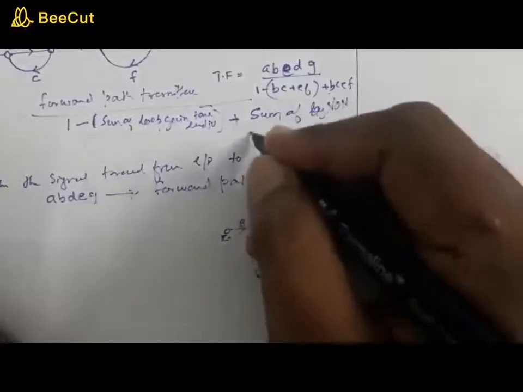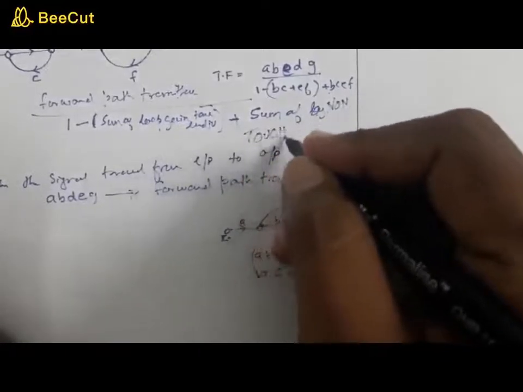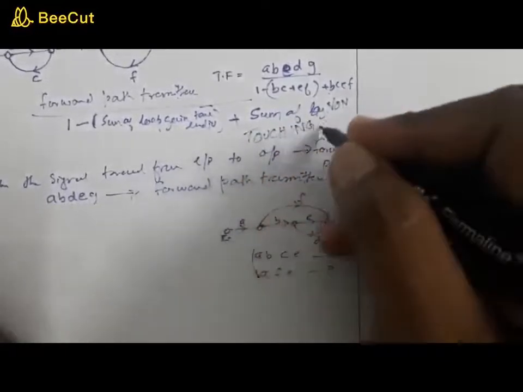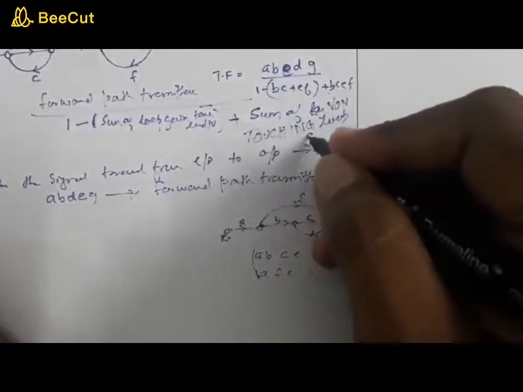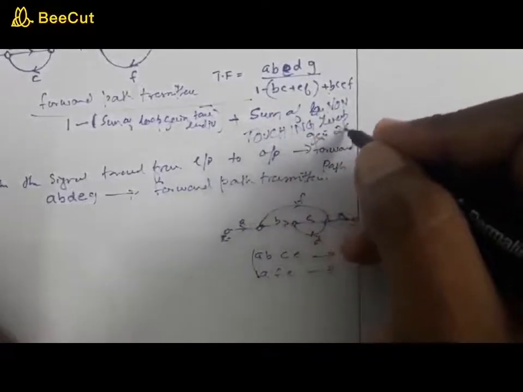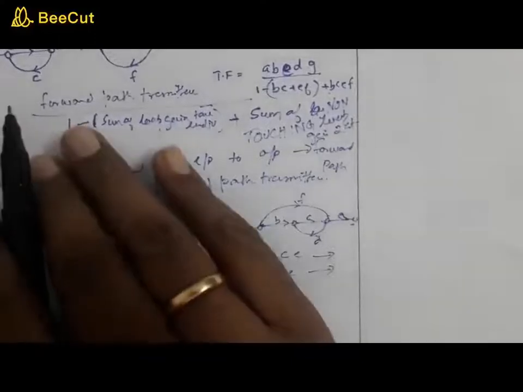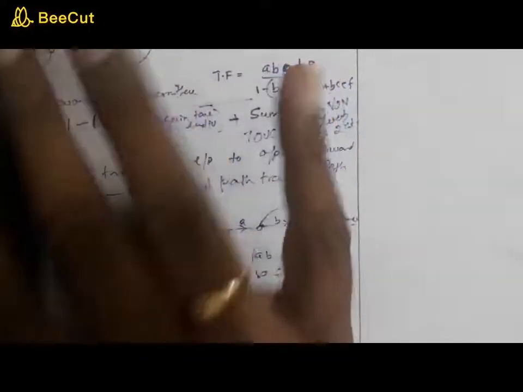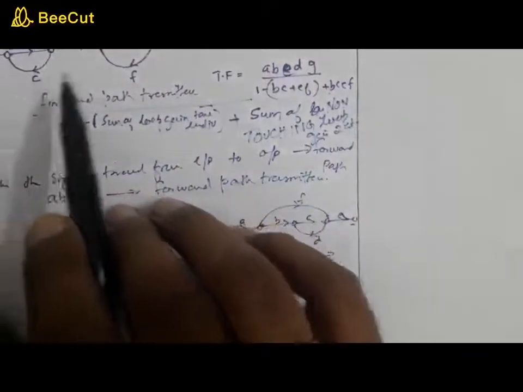I am introducing a term, I will explain what it is. In this case you have only 2 non-touching loops, and there can be only one combination.